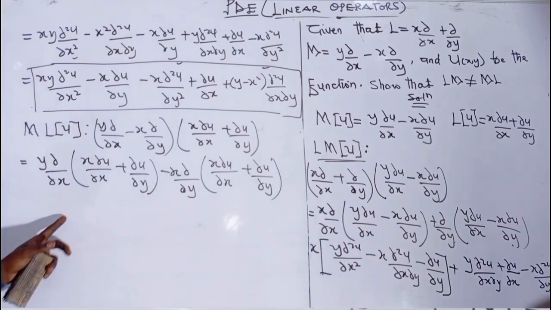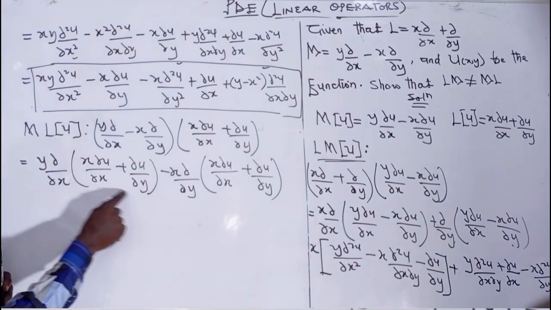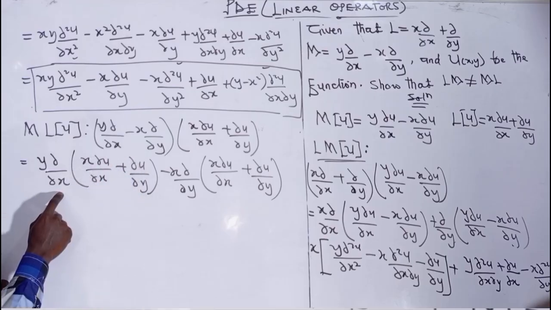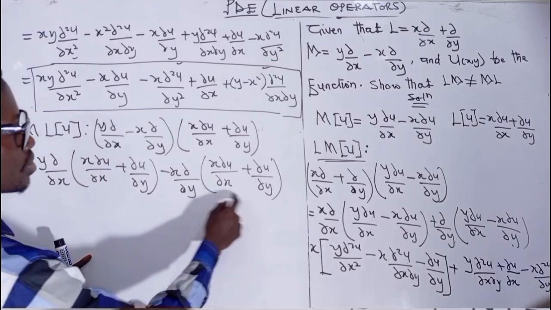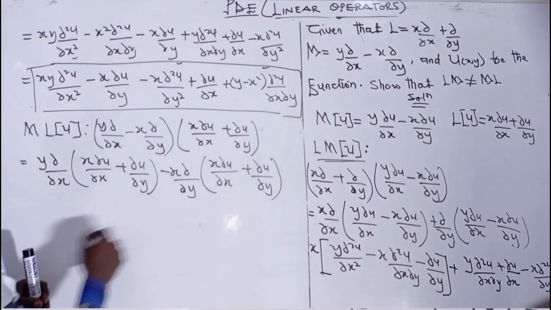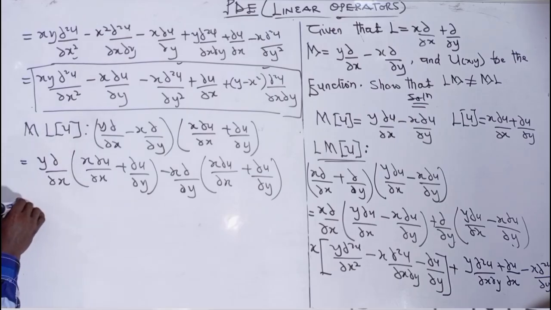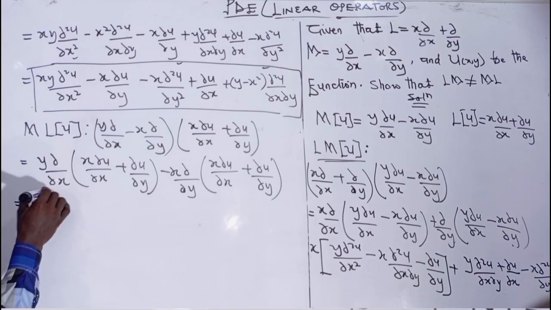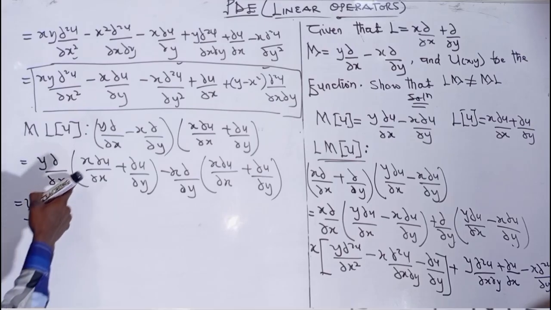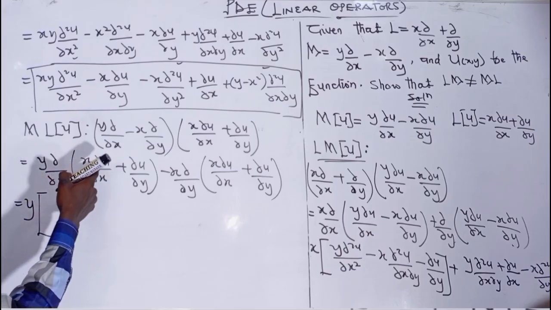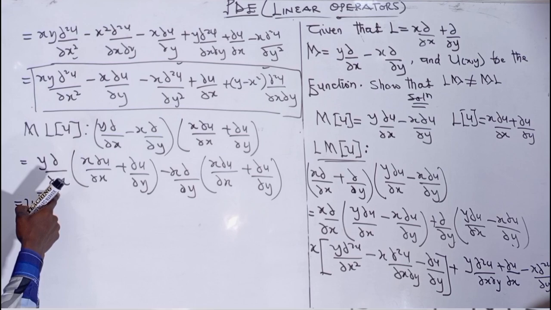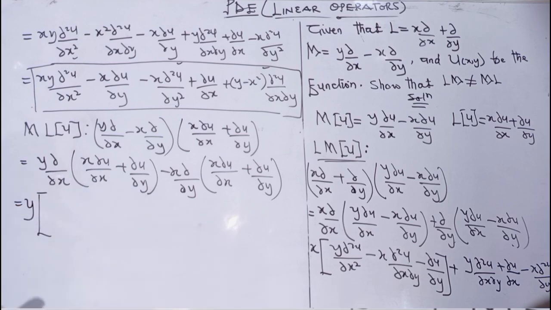This is not a mere multiplication, but we are differentiating what is in the bracket here with respect to x. We are differentiating what is in the bracket here with respect to y. So the y here is just a variable. We are going to bring it out. Then we are differentiating x ∂u/∂x with respect to x. So we are going to apply the same concept.